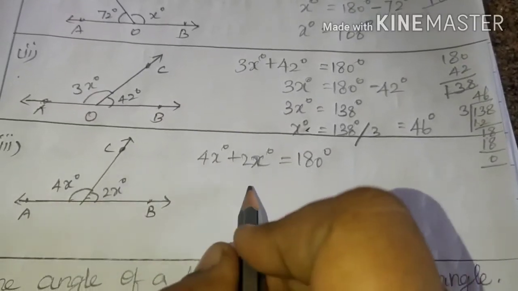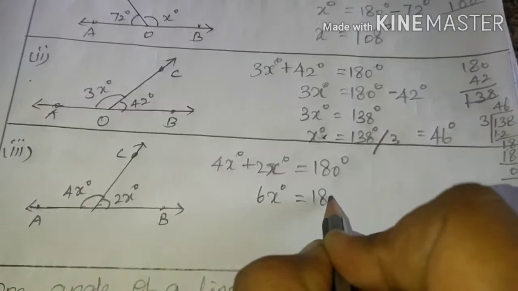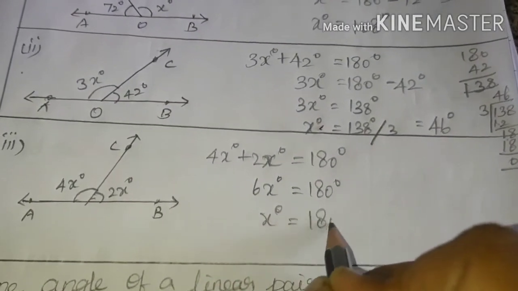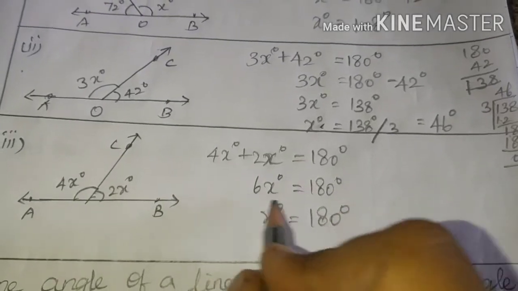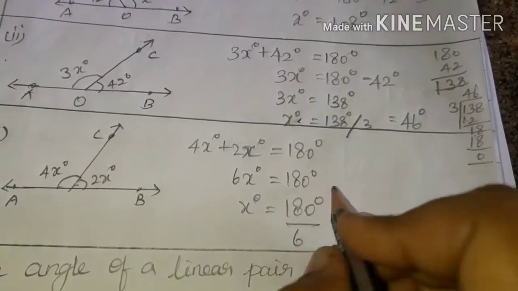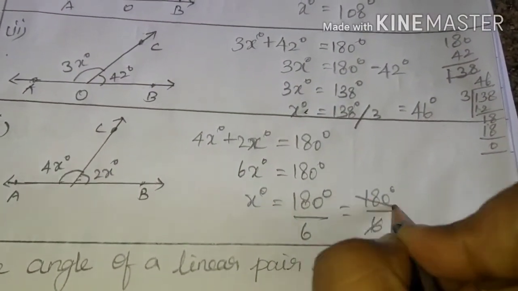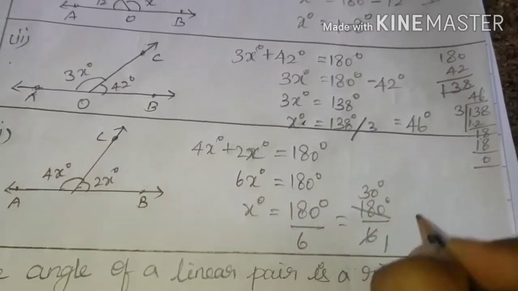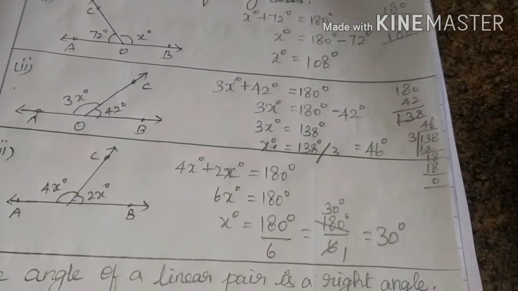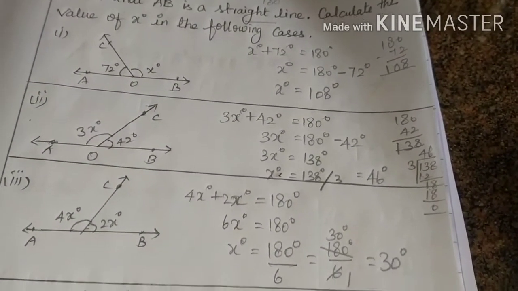Both are x terms, so you can add and you will get 6x degrees equals 180 degrees. This multiplication by 6 coming to this side will become division. So 180 degrees divided by 6. 6 ones are 6, 6 threes are 18. So you will get 30 degrees. Have you understood, children, up to this?